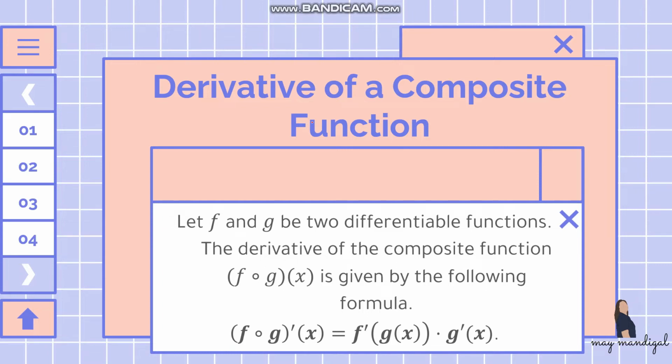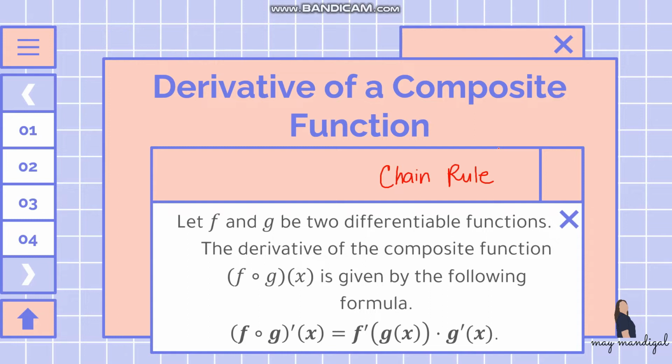The derivative of the composite function f circle g of x is given by the following formula: f circle g prime of x is equal to f prime of g of x times g prime of x. This is what we also call the chain rule. This is the way we can get a derivative of a composite function.